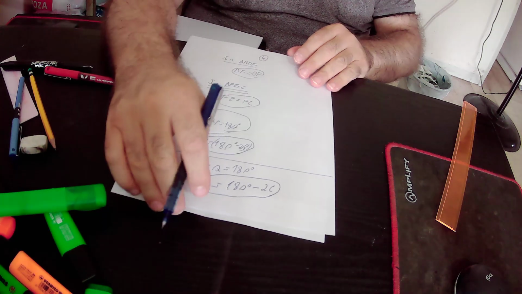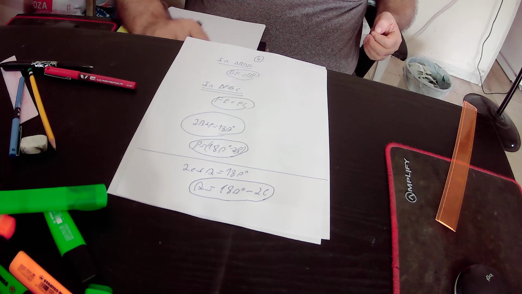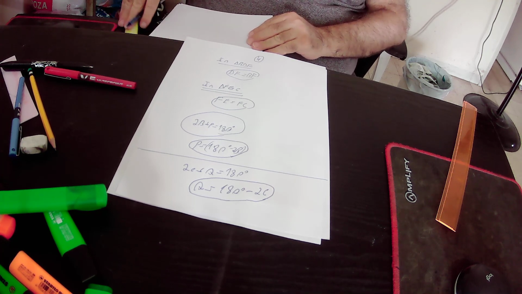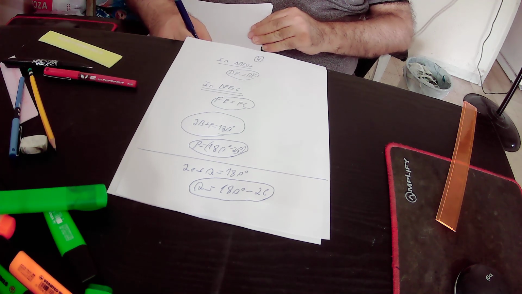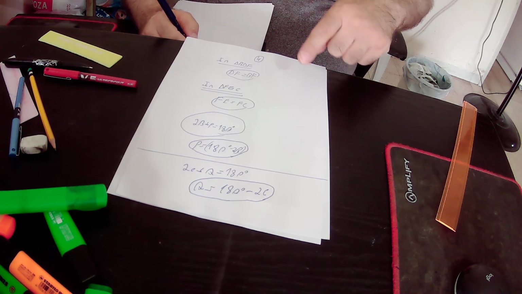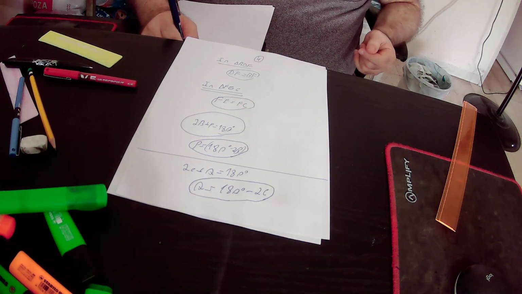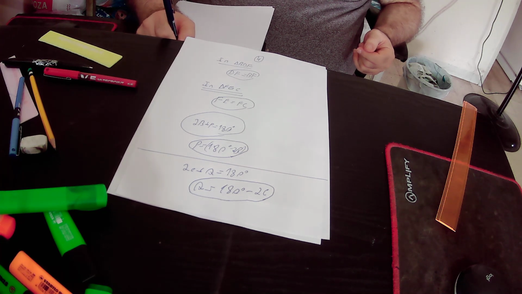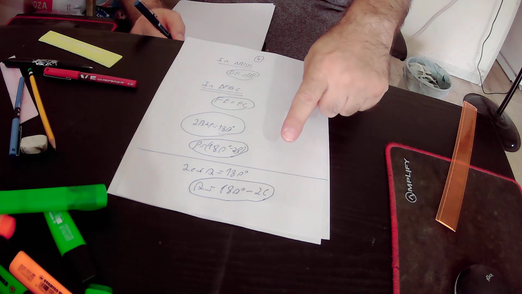In the next step, we will add together P and Q, and we will get that P plus Q, that is equation number 2, P plus Q equals 180 degrees plus 180 degrees, which is 360 degrees, minus 2B minus 2C.